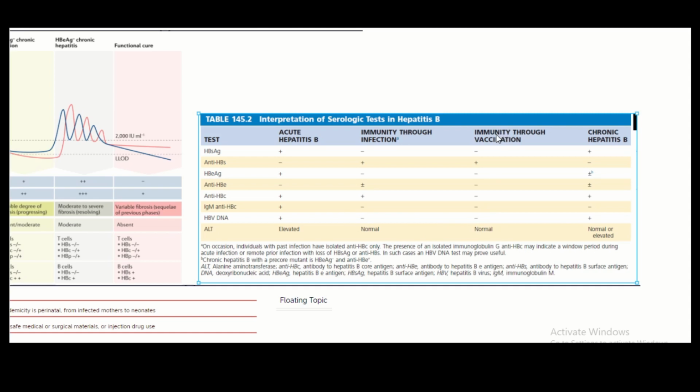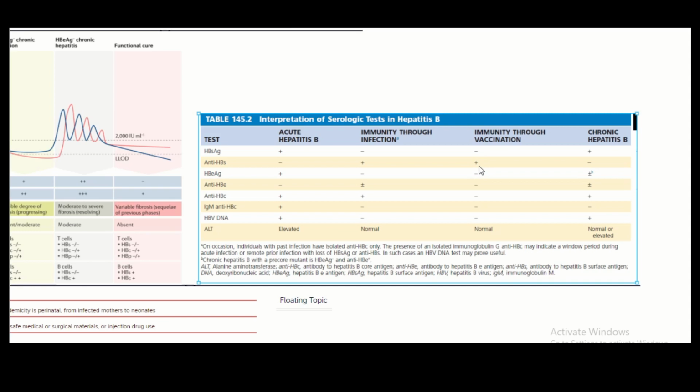Immunity through infection has anti-HBs, anti-HBc, and sometimes anti-HBe, with no anti-HBc IgM variant. And we will not find any of the antigens in either case.